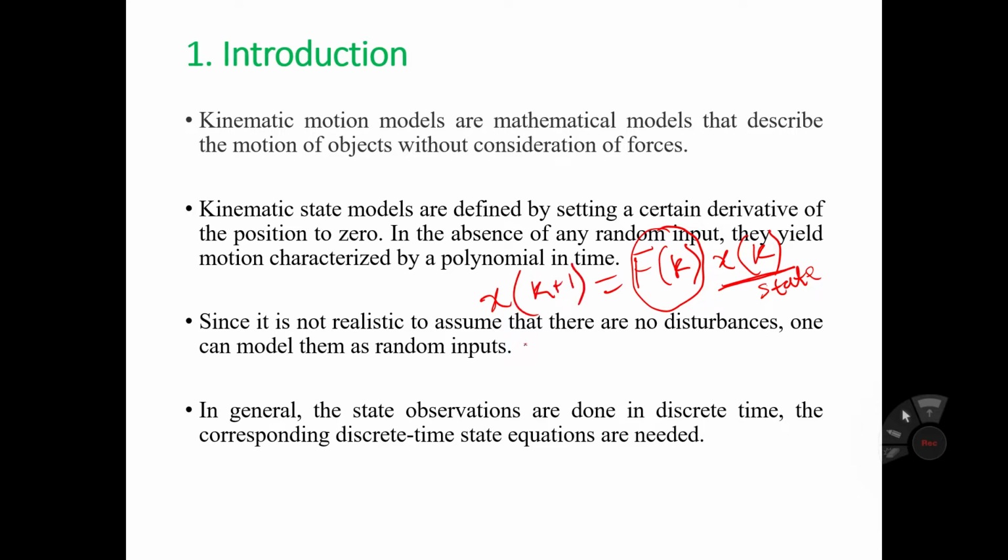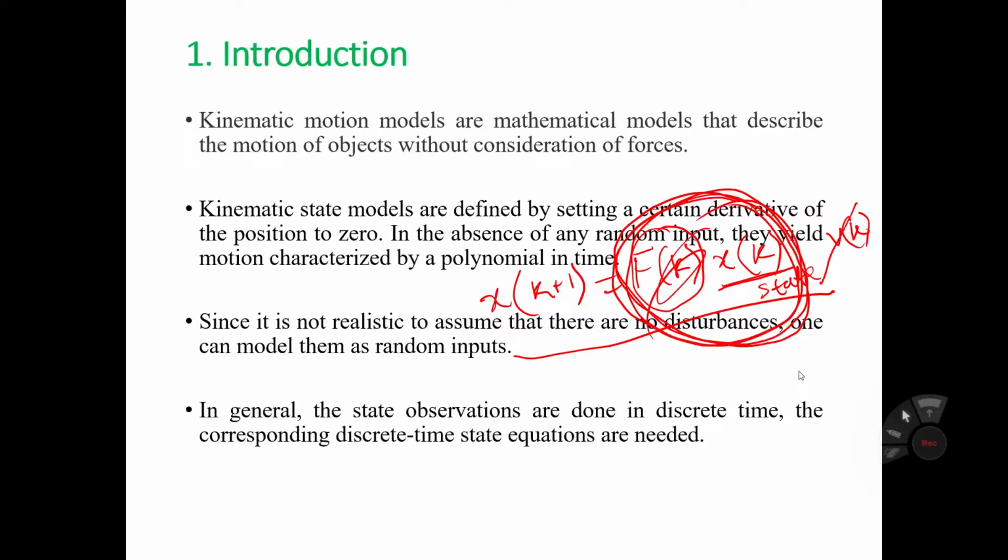So we have already used this model. Here there is no additional variable like v of k, the noise variable. So in the absence of any random input, like v of k not being available, they yield motion characterized by a polynomial in time. Means they yield the motion by using this formula, F of k and x of k.